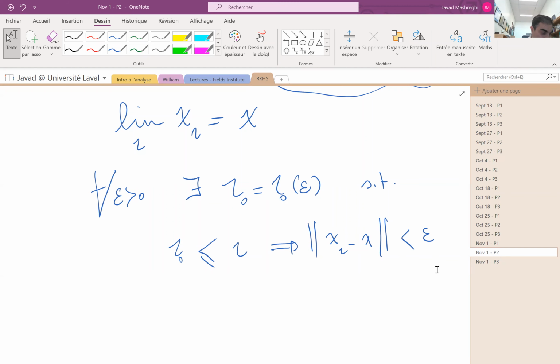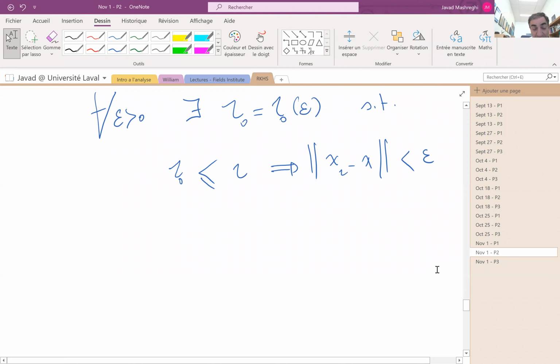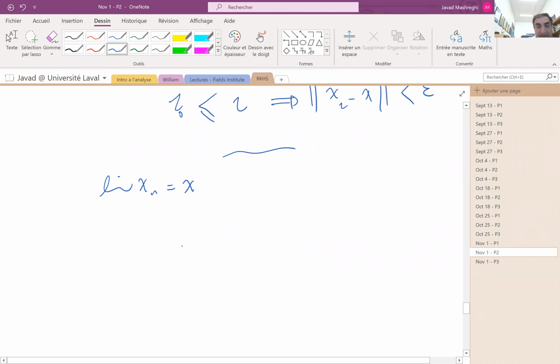For example, one common one is that for sequences, when we have the limit of xn equal to x, and any epsilon given, there is an n0 as above, such that for n bigger than this index, the distance between xn and x, either absolute value or norm, is less than epsilon.